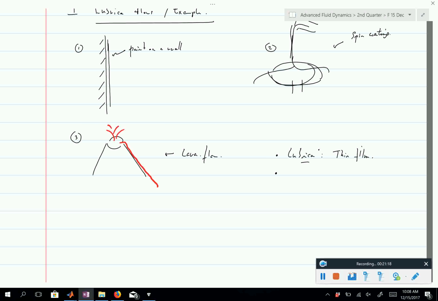Essentially, what characterizes the lubrication layer is that the important effect is the effect of viscosity. It's a viscosity-driven flow. So it's when you have a thin film geometry and the effect of inertia is negligible compared to the effect of viscosity.